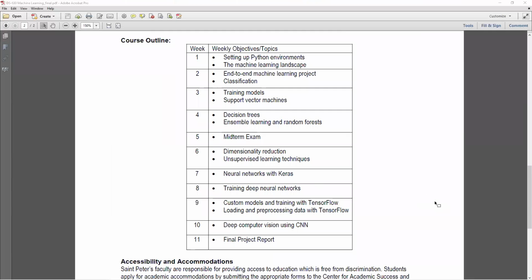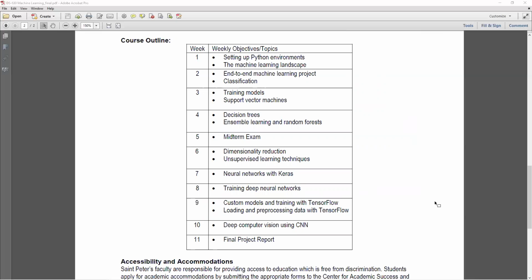Here is the course outline. You can see that the idea is really to follow the textbook very closely. For the majority of this, you would probably soon realize these are different chapters in the textbook.